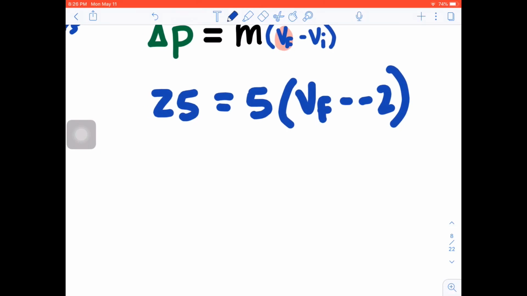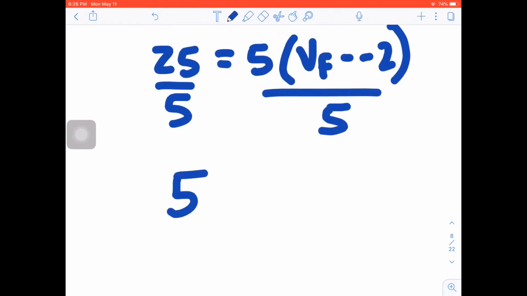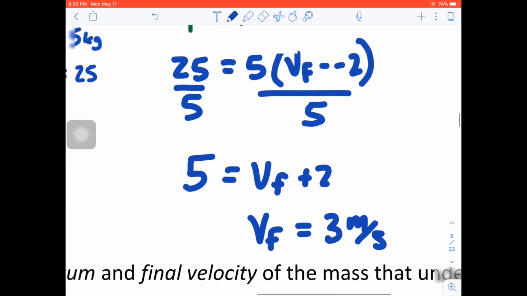And we want to get Vf by itself. First, let's divide by 5 and get rid of that 5. So you've got 5 is equal to Vf plus 2. So final velocity has to be 3 meters per second after you subtract 2 from both sides.